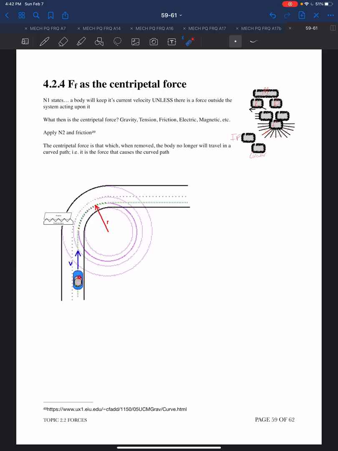That means if it's traveling at a constant speed and goes around that turn, it is accelerating, centripetal accelerating. So if there's a centripetal acceleration, center pointing acceleration, there must be some force causing that. And in the case of cars on a road, or bicycles on a road, it is friction.